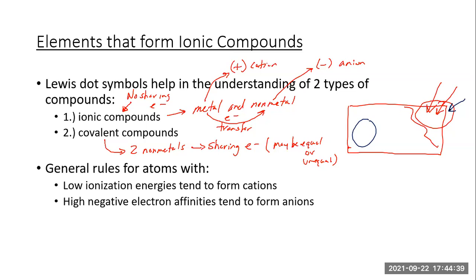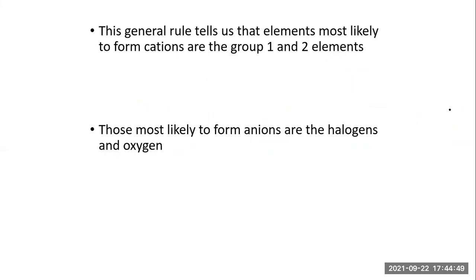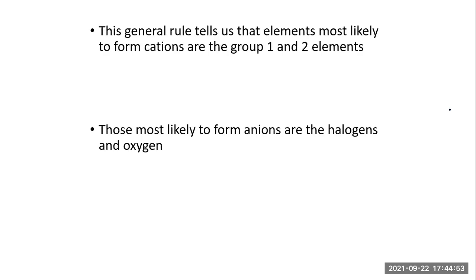But in a covalent compound, we have two nonmetals, which both basically want to hang on to their electrons. So we do get that sharing situation that we do not see with an ionic bond. In an ionic bond, what holds it together is the positive-negative attraction between the two charges.